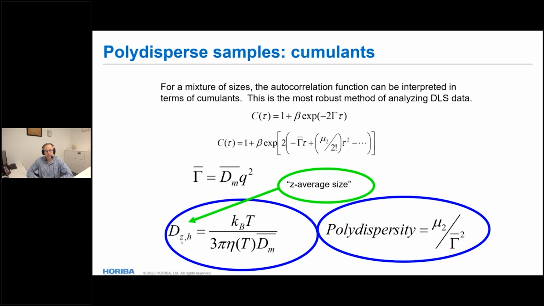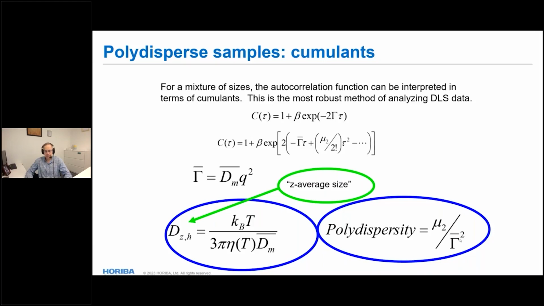Quick warning, this is different from the Z-average you encounter in molecular weight analysis and Zimm plots. So somewhat different weighting. The Z comes because there's some similarities philosophically, I guess. That second order term, you can divide by the square of your gamma bar to get a polydispersity index, which tells you about the width of the size distribution.